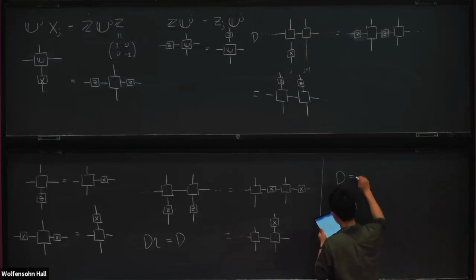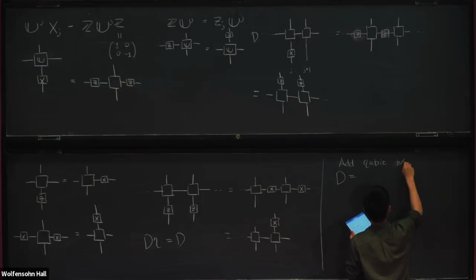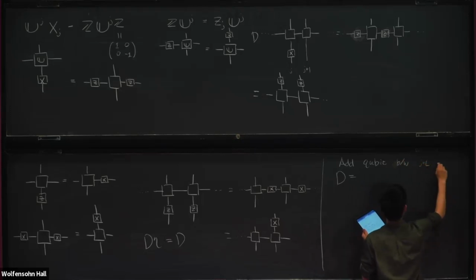So you first add a qubit between j equals L and j equals 1.